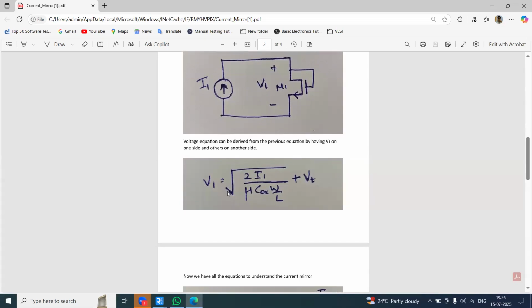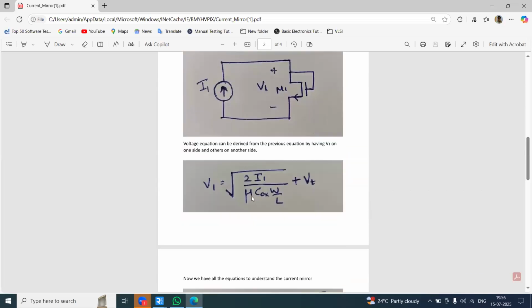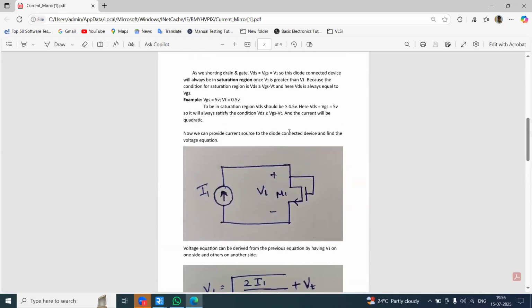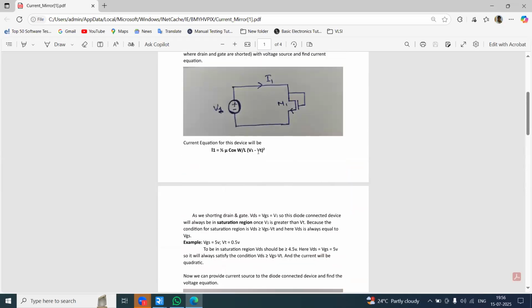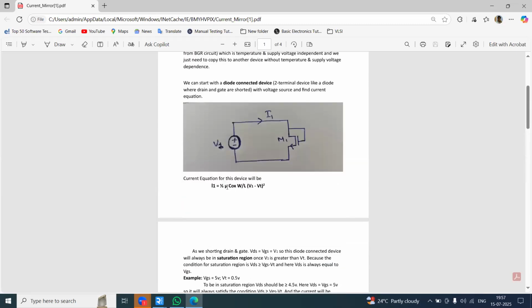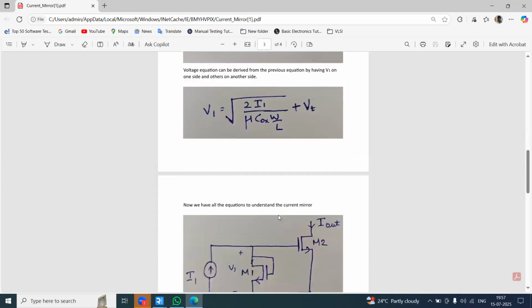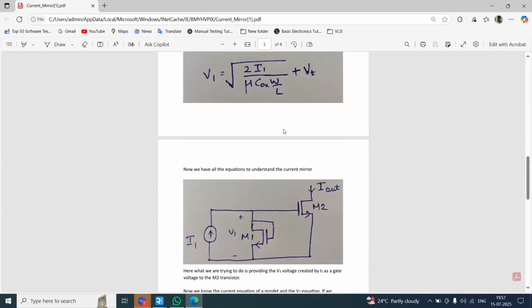V1 is equal to, here we have a square, so it becomes root over, and minus V1 minus Vt becomes plus Vt. Here it becomes root over 2 into I by mu n Cox W by L. This is the formula.